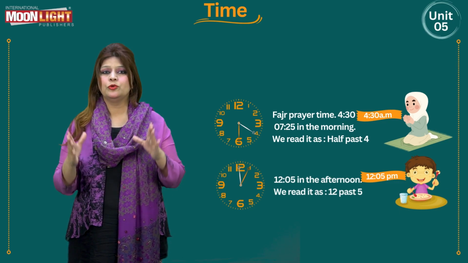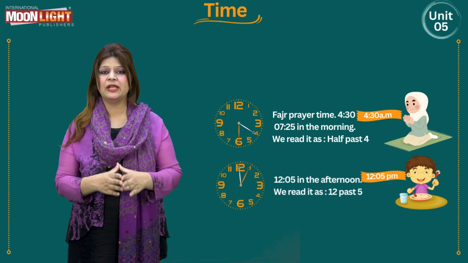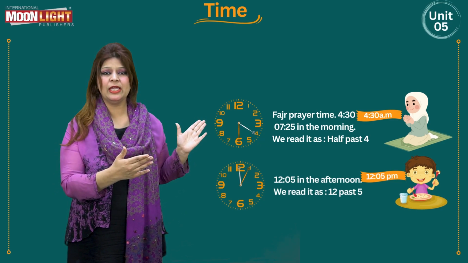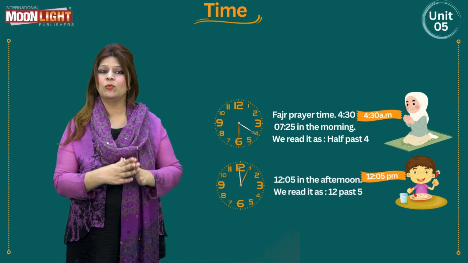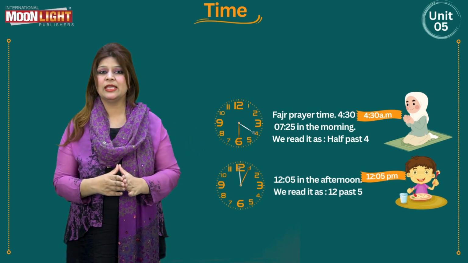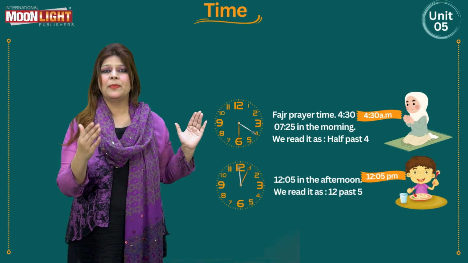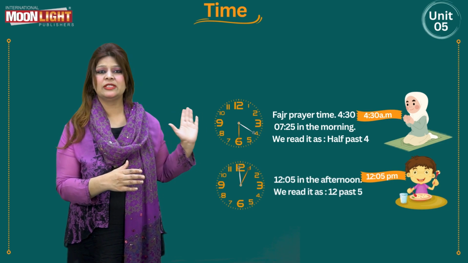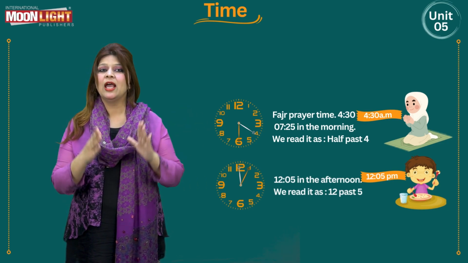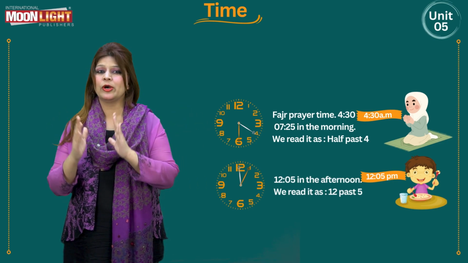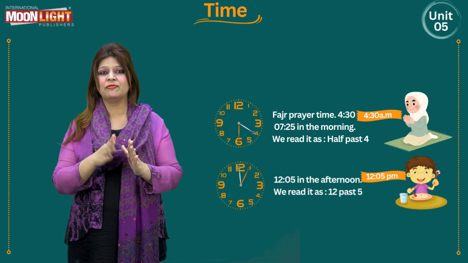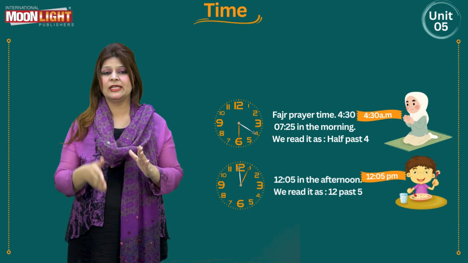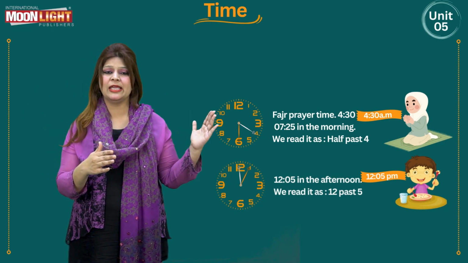Right now, to read the time specifically, we are going to say that this is 7:25. Now this time, part B, you can say 4:30. Yes, 4:30, because half time is done. So 4:30, because this side is past side and this side is AM side.